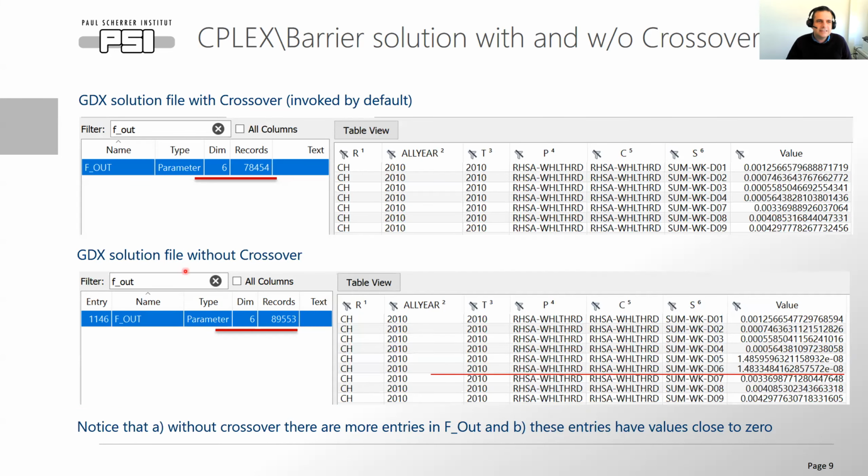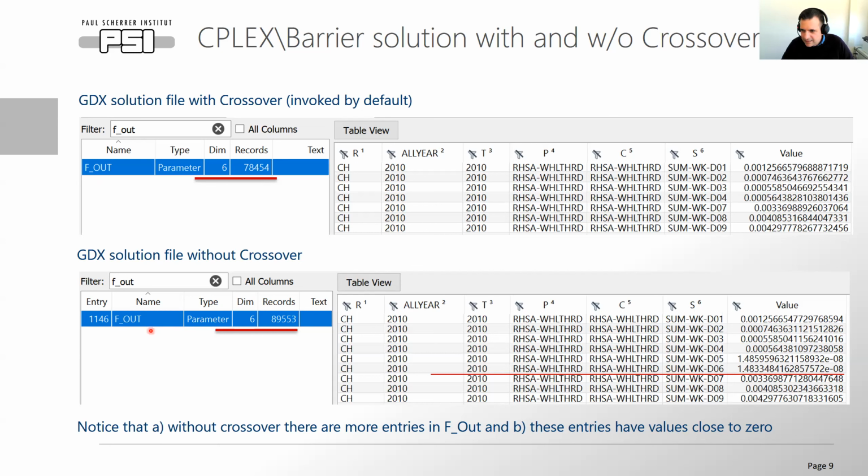We can see this in this example here, where I have the fout parameter. This is the var fout in Veda, but I read it directly from the GDX files that are produced at the end of the time solve. This fout here is when we have the crossover, and this fout here is when I don't invoke the crossover.